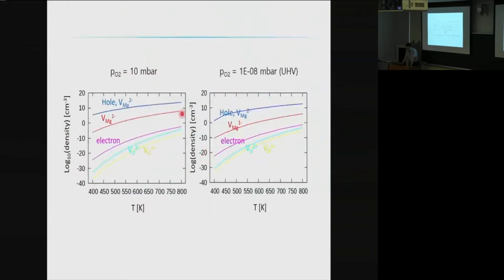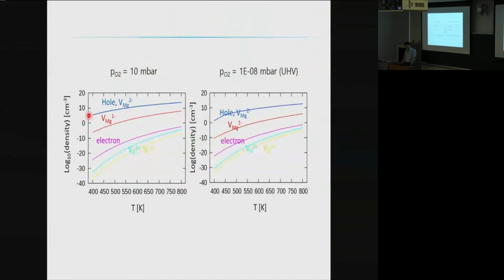And also, by changing the oxygen chemical potential in terms of the partial pressure, this is 10 millibar. And the right figure is 10 to the minus 8 millibar. This is UHV condition, ultra high vacuum condition. And you can see that this is the very oxygen-rich condition. Therefore, it is more like an oxidizing condition.